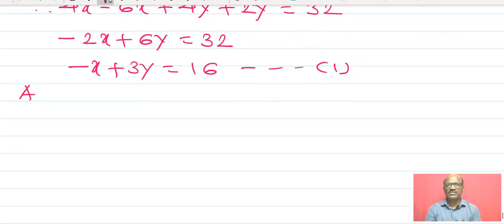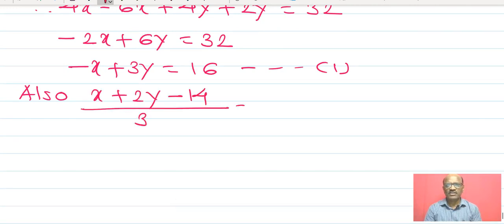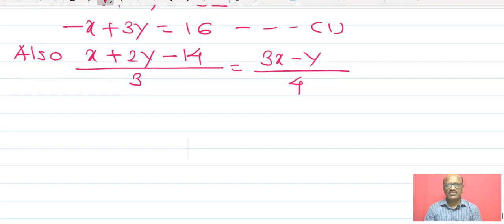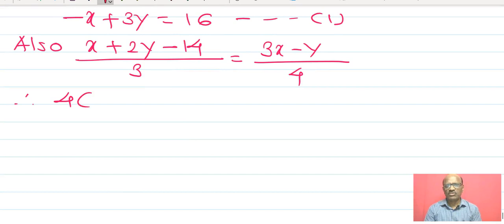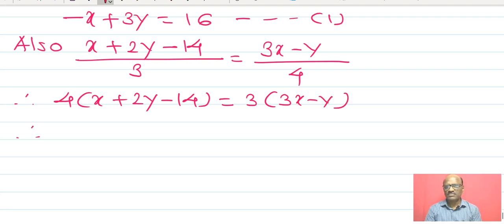Now, equate the second and third. That is x plus 2y minus 40 upon 3 and 3x minus y upon 4. Make the cross multiplication. That is 4 in bracket x plus 2y minus 14, 3 in bracket 3x minus y. Normal cross multiplication.